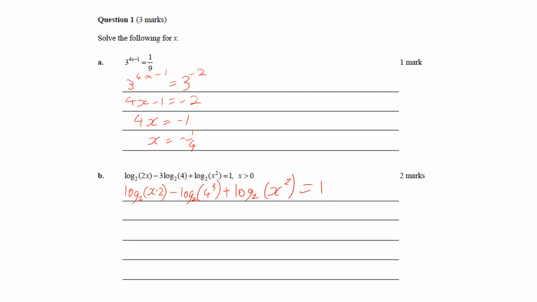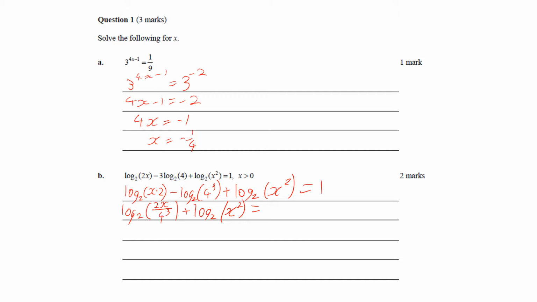So now we've got these, we can put these together. We have a log base 2 take away another log base 2, and they both have a coefficient of 1. So we can write these as division. So this can become log base 2 of 2x over 4 cubed, and then we have plus log base 2 of x squared, still equal to 1.